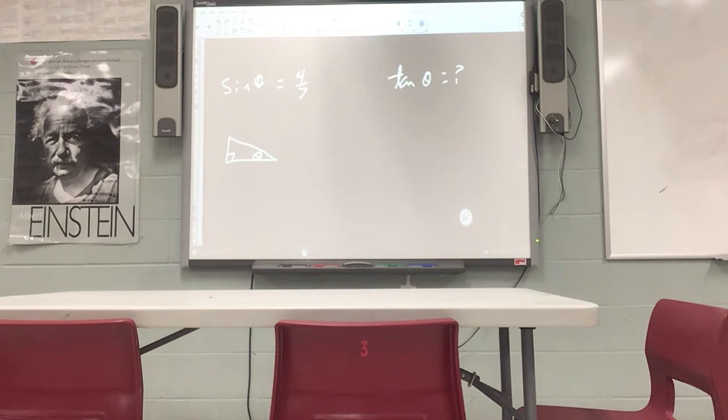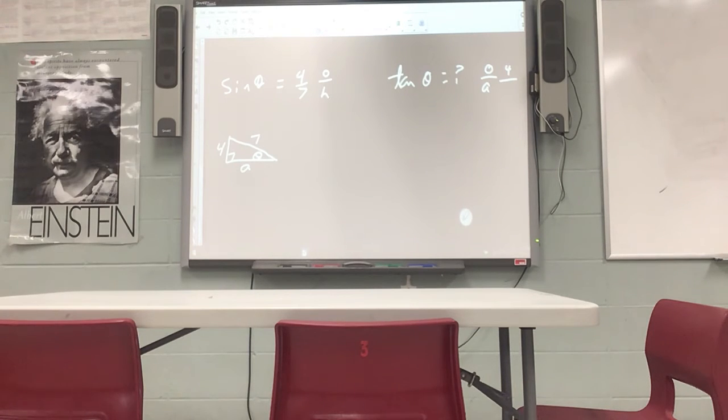Sine is opposite over hypotenuse, so the opposite would be 4 and the hypotenuse would be 7. There's my adjacent. Tangent needs opposite, which I already have, which is 4, over adjacent, which I don't have.